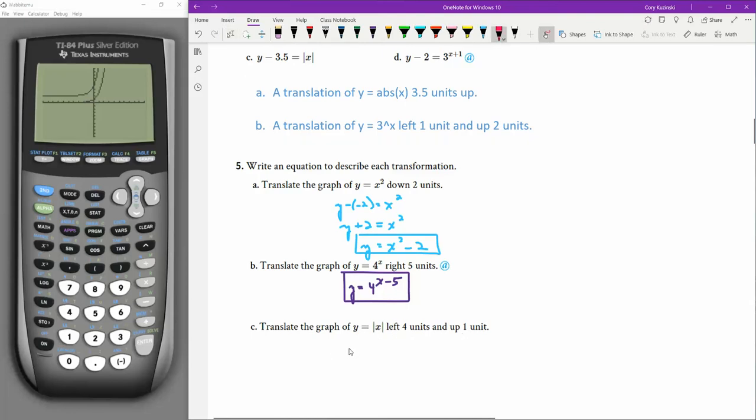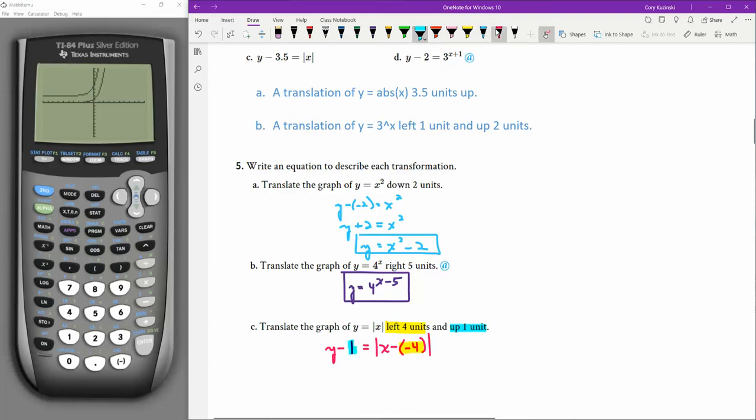Okay, so to do the 4 units left, we'd replace x with x minus -4. And for the 1 unit up, we'd replace y with y minus 1. So it's always subtraction. Left 4 units, I subtracted -4. Up 1 unit, I subtracted 1.